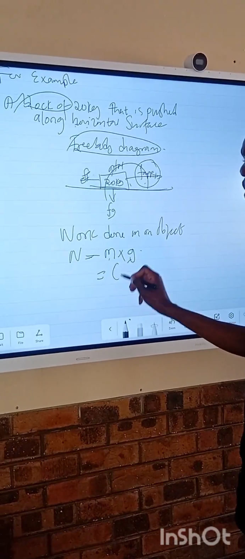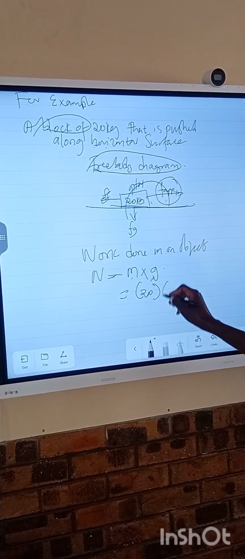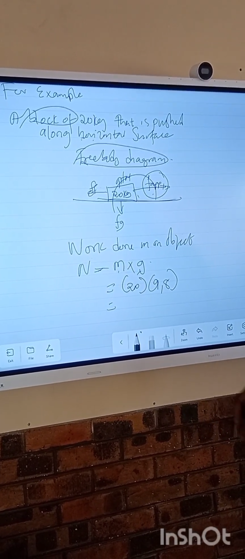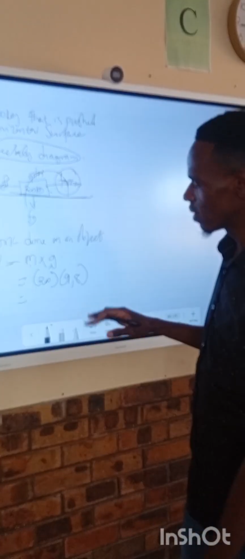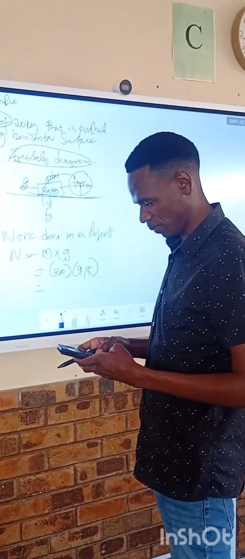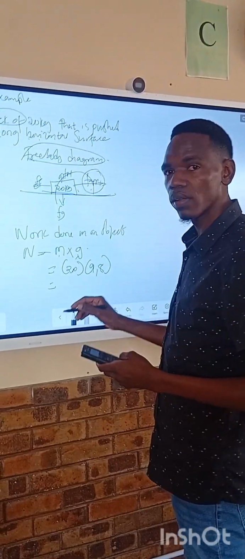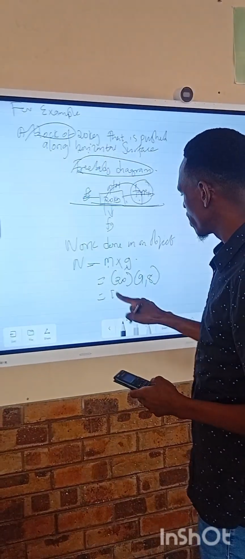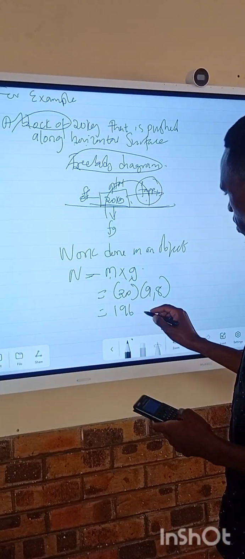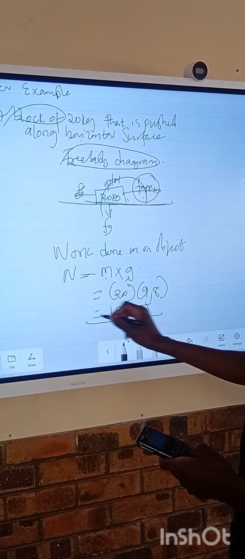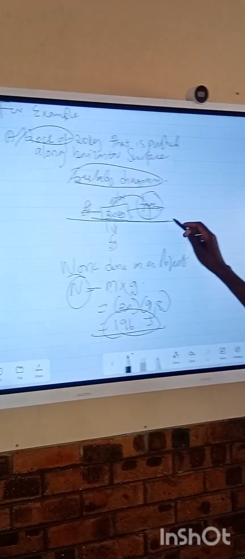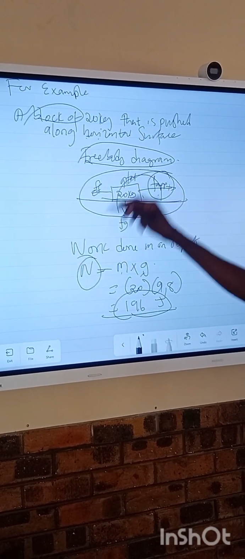Here we say 20 kg multiplied by 9,8. By punching that in your calculators, our answer is 196 joules, since our work is calculated in joules. Here we are only focusing on the work done on the horizontal surface.